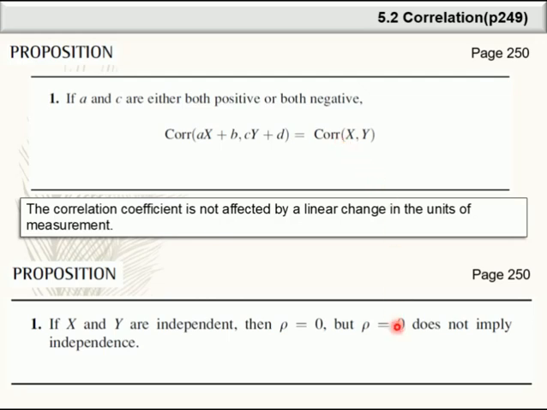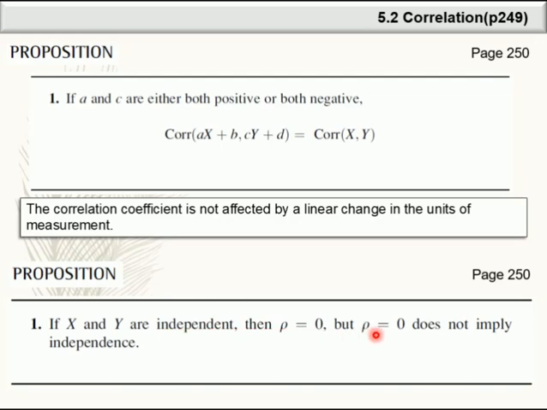Now, this other proposition is telling you what the impact of this is on independence and vice versa. So it's important to remember this. If x and y are independent, then the correlation coefficient is going to be equal to 0. But now let's look at the converse. What if the correlation coefficient is equal to 0?